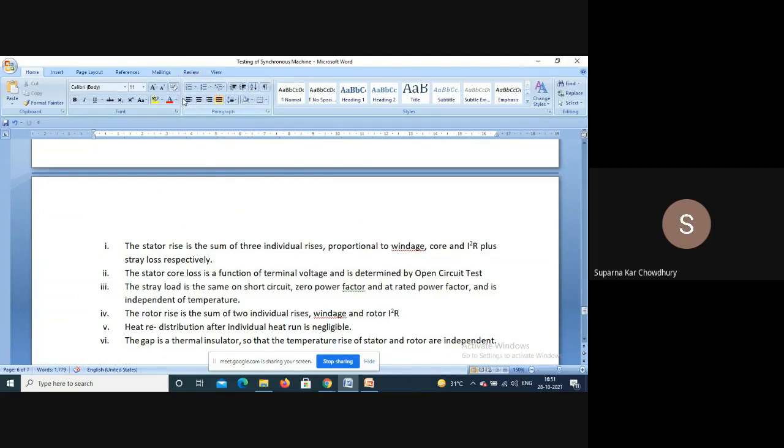For each and every test there will be some temperature rise, and after we stop the machine, there will be slight redistribution of temperature, because heat will flow whenever there is a temperature difference, but that is assumed to be negligible. The gap is a thermal insulator. The air gap is assumed to be a thermal insulator, and there is no heat transfer between the stator and rotor. So the stator and rotor temperature rise are assumed to be independent.